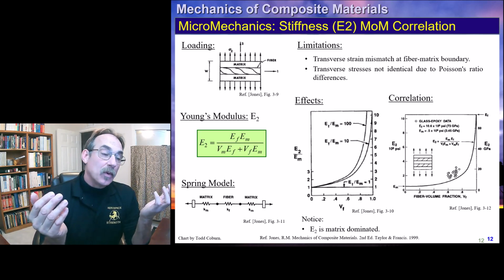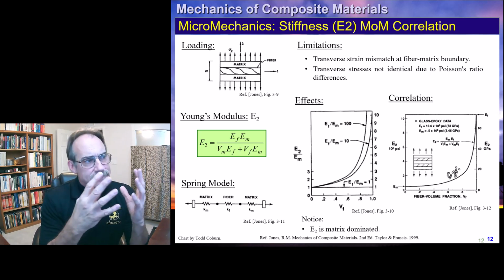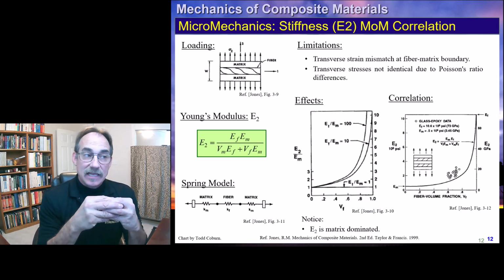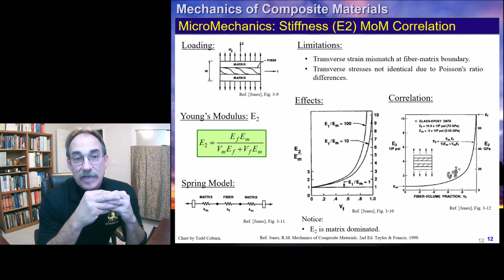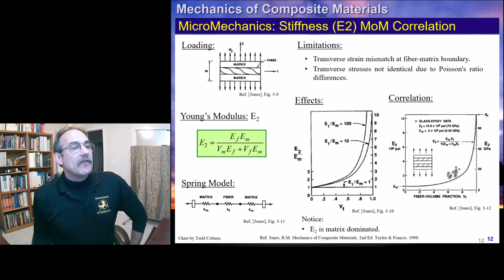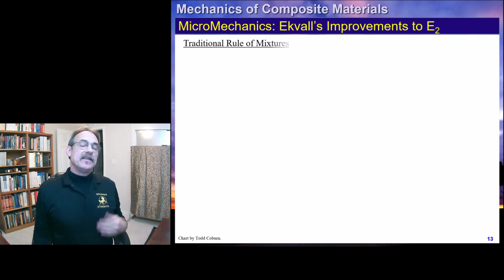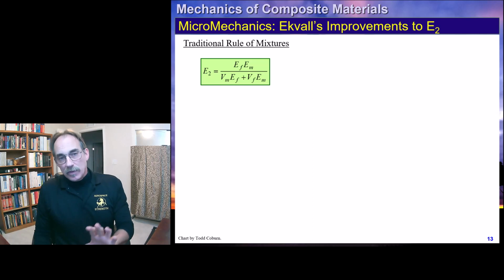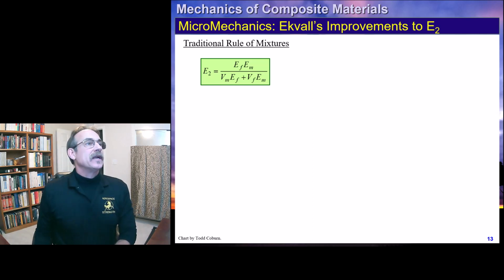E2 is higher than we're predicting, at least for this material, which makes sense because we actually have a lot more interlocking. We never can just load the matrix by itself. Regardless, for this reason, we tend to say that this is not as accurate of a method, although it is used a lot out in industry.